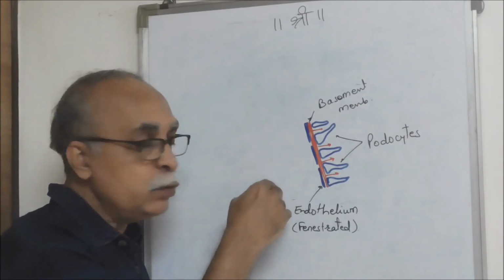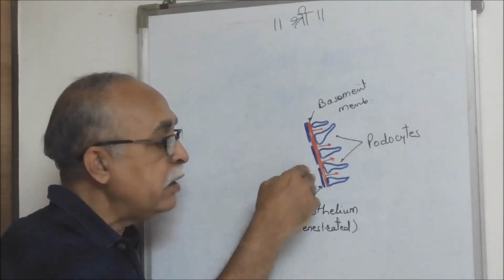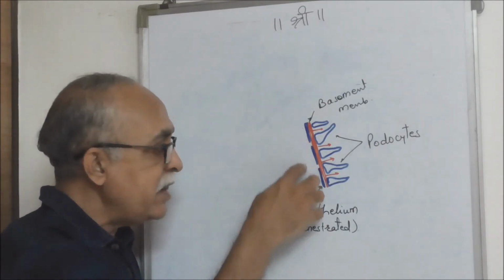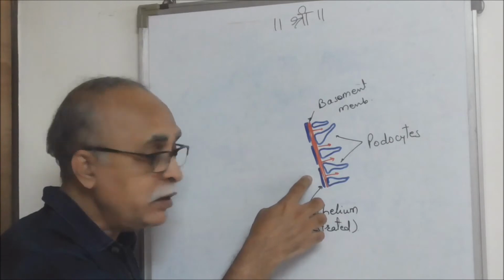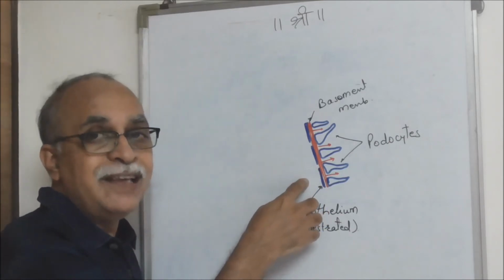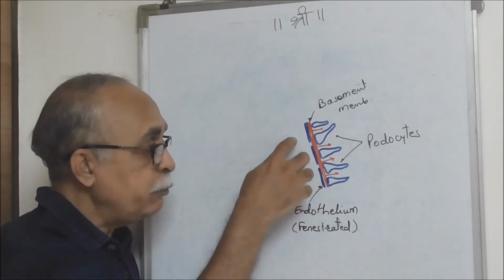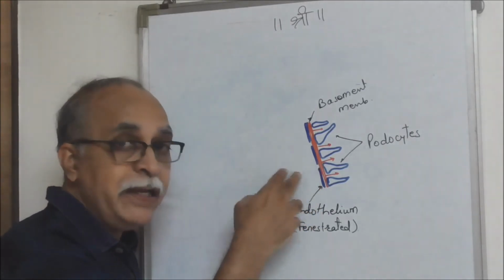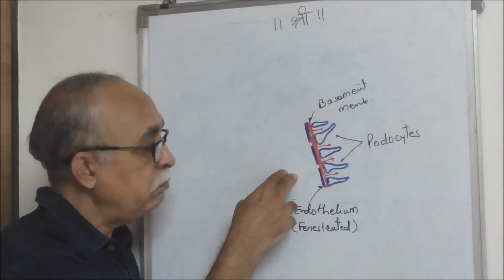These proteins would act as a barrier against losing the entire water from the plasma. So the blood flowing through the glomerular capillaries would still contain some water. The protein molecules would block the complete loss of water from the blood plasma.